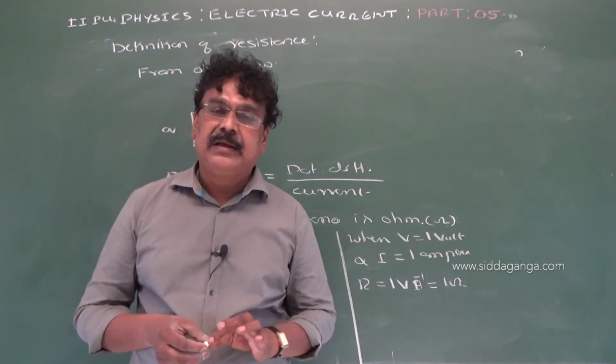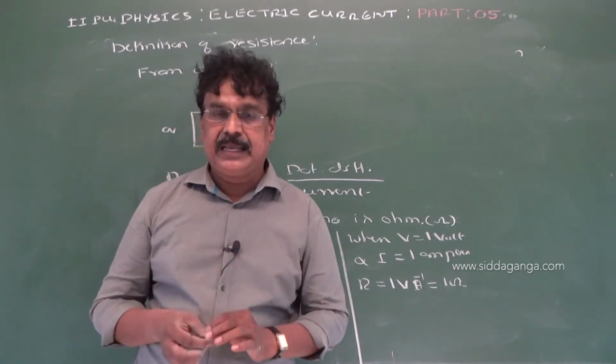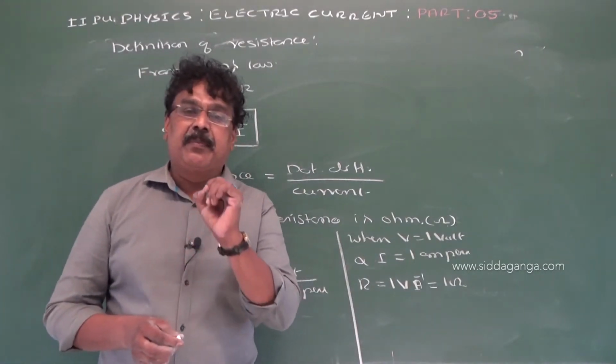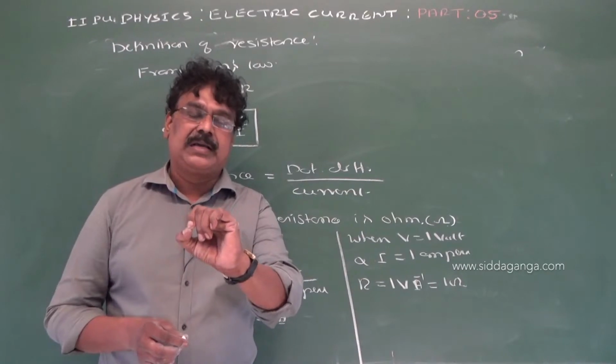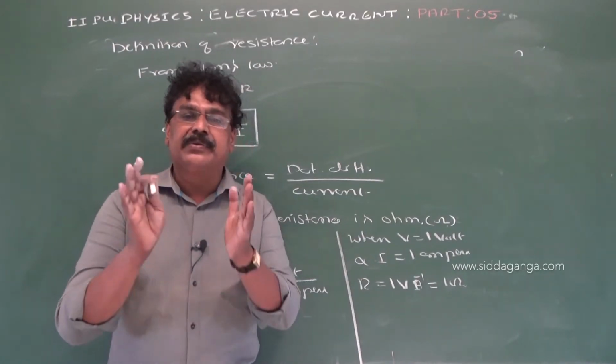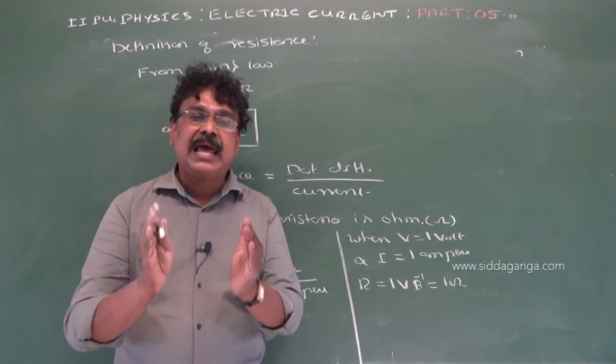Or the resistance of a conductor is said to be 1 ohm if a potential difference of 1 volt applied across the ends of the conductor produces a current of 1 ampere.